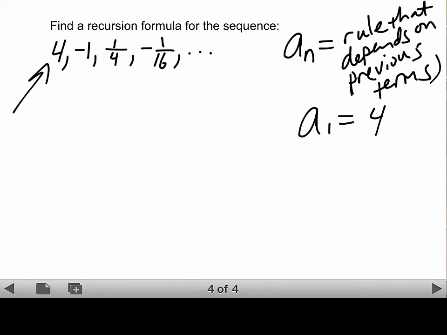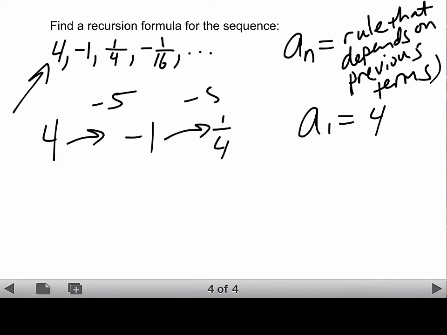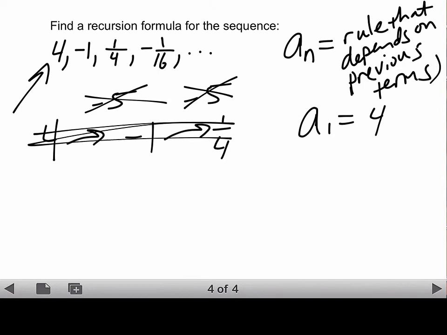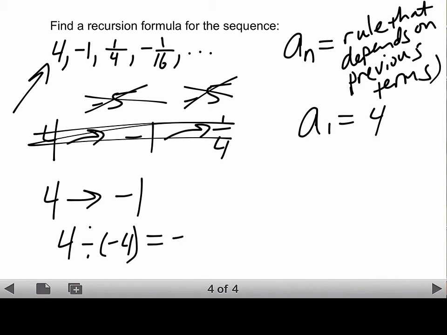We need at least that much. Okay, so if I start with 4, how do I get to -1? I could subtract 5, but then to get from -1 to 1/4, subtracting 5 doesn't work again. So we need a pattern that works for all of these guys. So it's not that. How else can I get from 4 to -1? Suppose I divide by 4 and make it negative. 4 divided by negative 4 gives me negative 1.